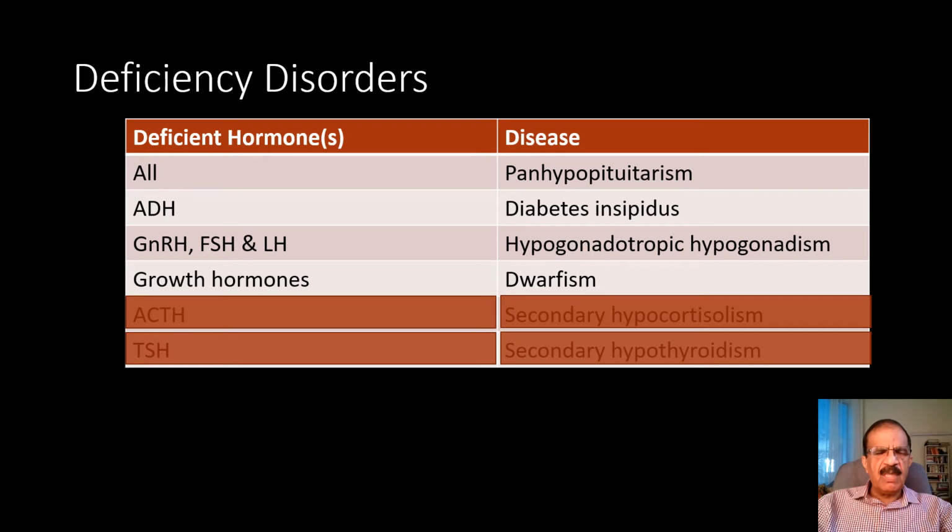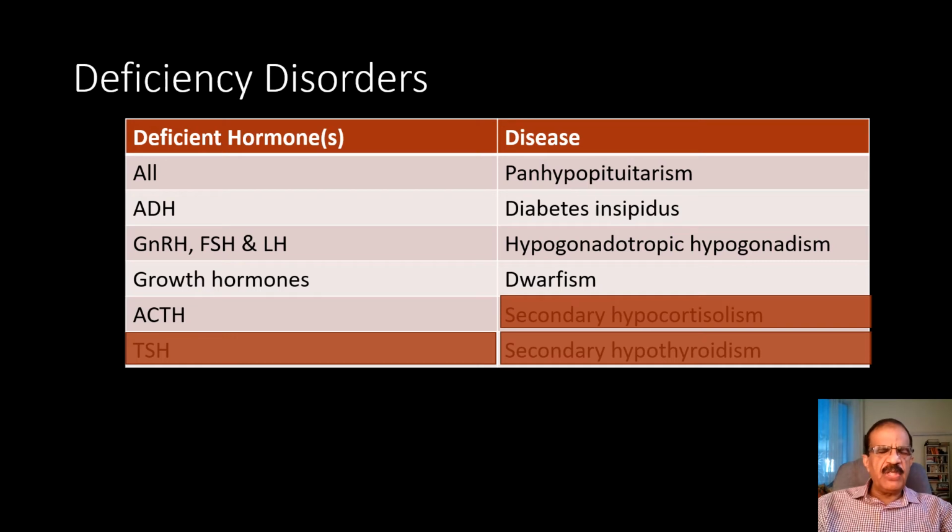There may be some, but if the growth hormone is deficient in adults, it is not much of a deal. In children, if growth hormone is deficient, the child will not grow properly and the resultant condition will be dwarfism. Of course, there are other causes of dwarfism, so you need to differentiate hypopituitarism from other conditions.